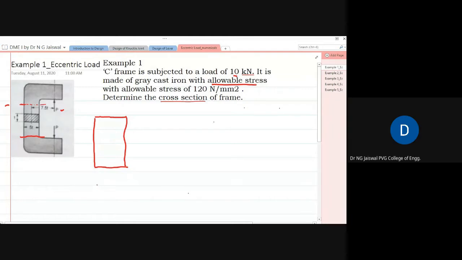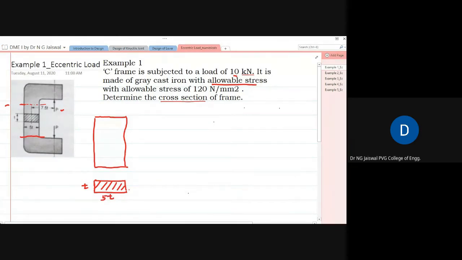If you see from the top, the section is something like this. Dimensions are given as T for this side, whereas this is 5T.